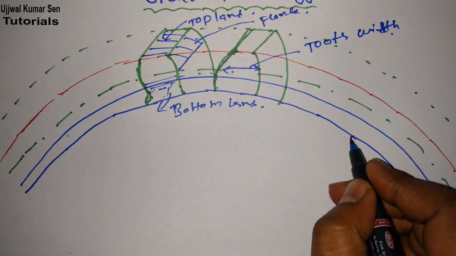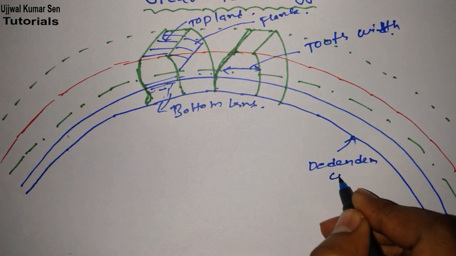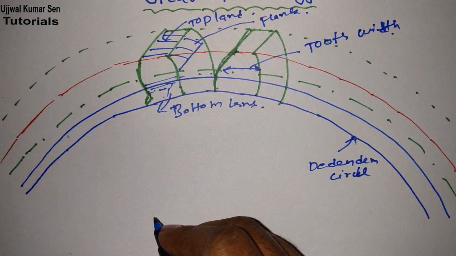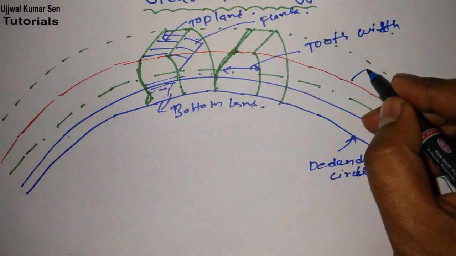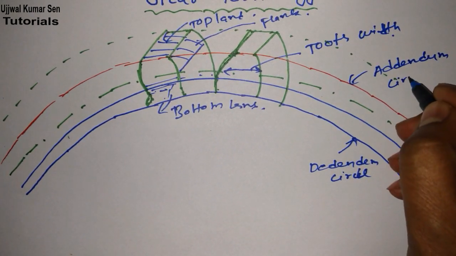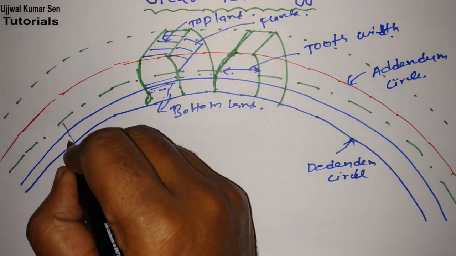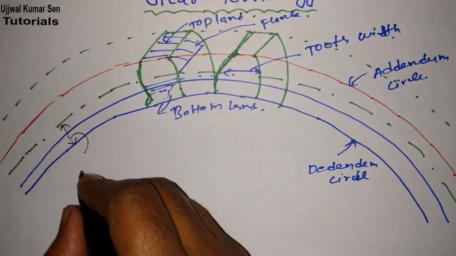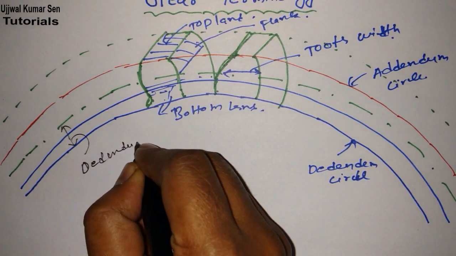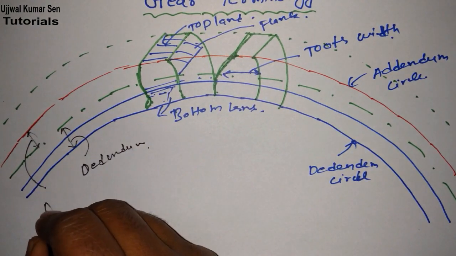Now the lower circle is known as the dedendum circle. Don't get confused between dedendum and dedendum circle, both are different. And this one is known as the addendum circle, remember that. Now from here to here, it is known as dedendum, and from here to here it is known as addendum.